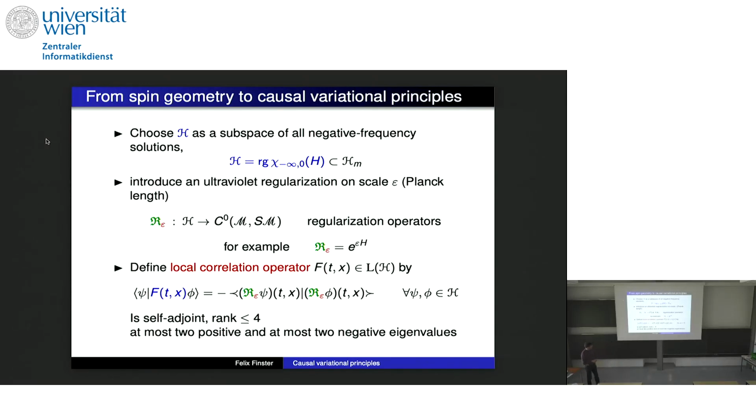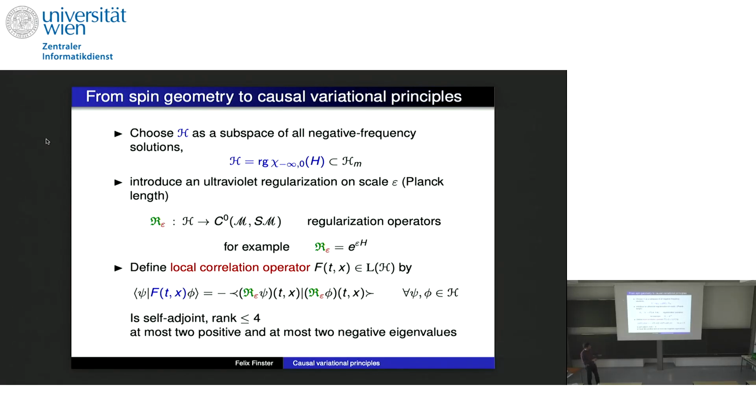Good, and now we introduce an operator, the so-called local correlation operator, which is defined as follows. If we fix the space-time point t, x, then we can evaluate this regularized wave function at this space-time point. And then we can do the same with psi and phi.